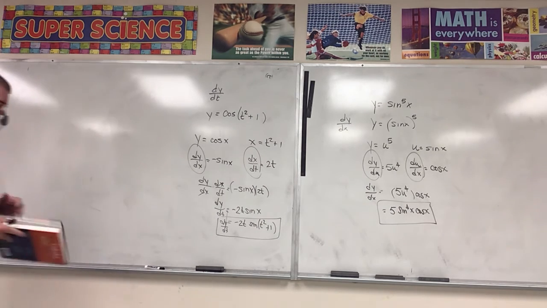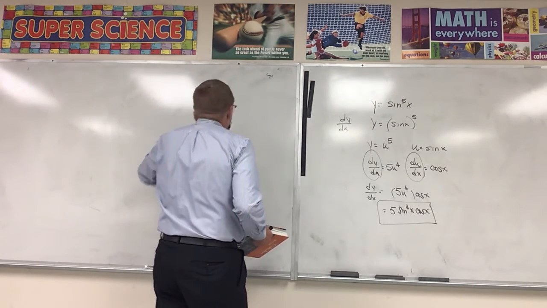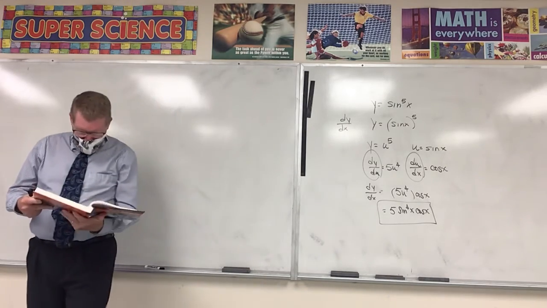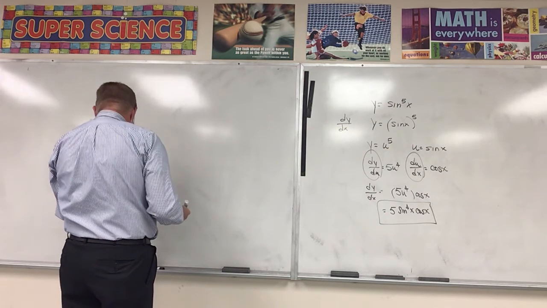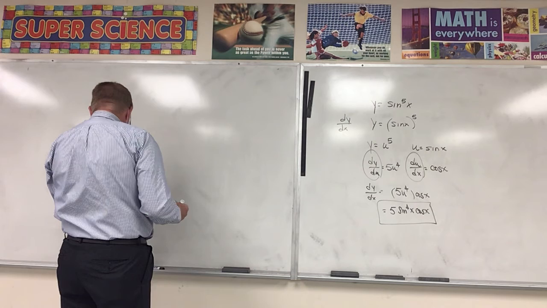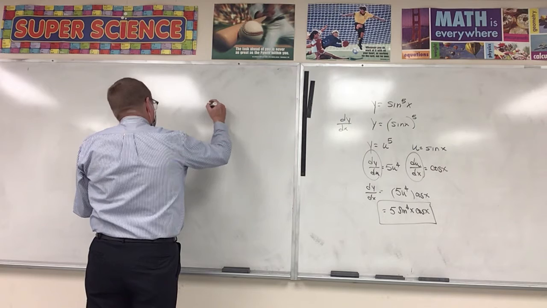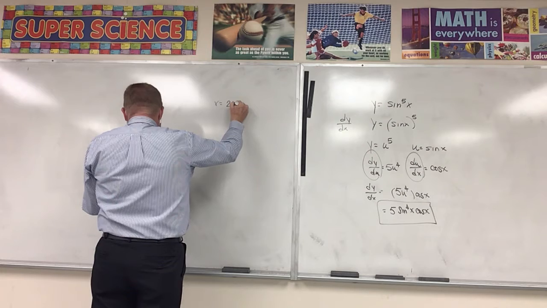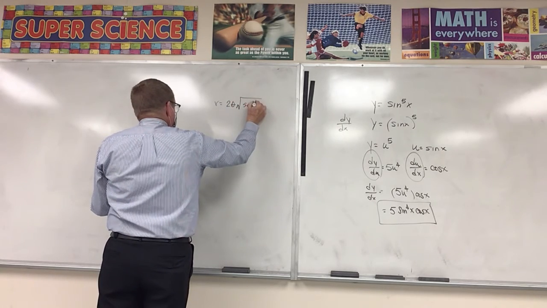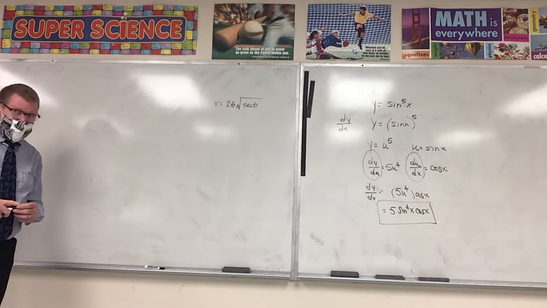Let's look at another example. r equals 2 theta square root of secant theta.